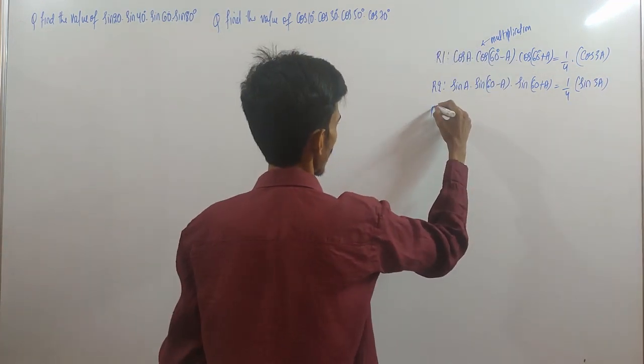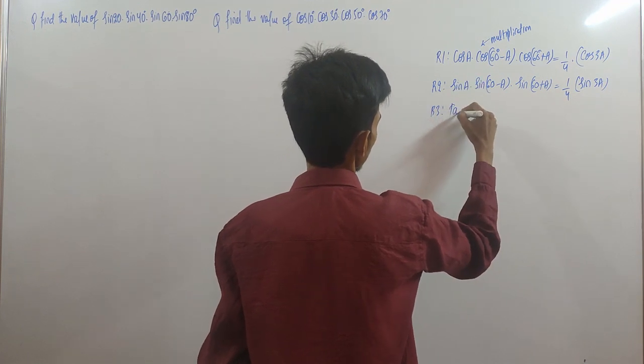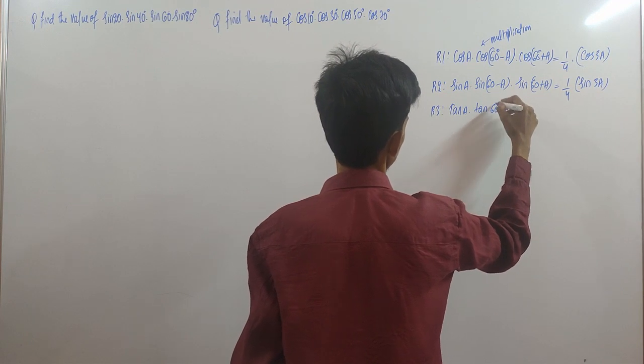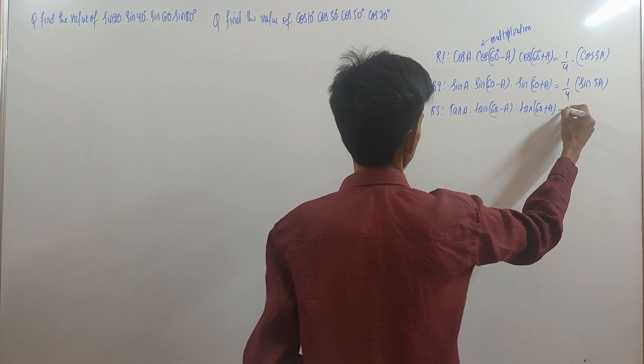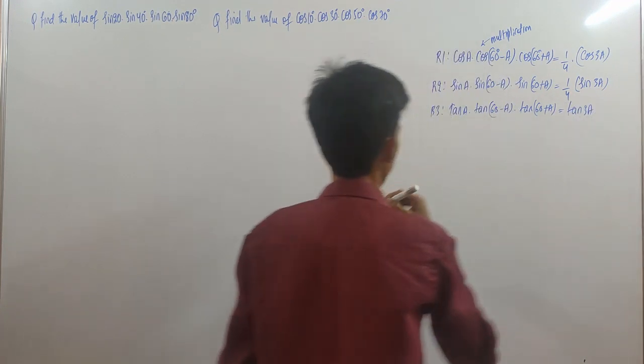Now divide these two, we have the result 3 tan A tan(60 minus A) tan(60 plus A) equals tan 3A.